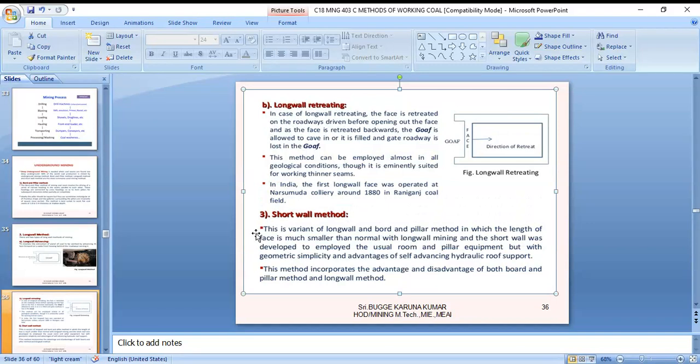In the case of longwall retreating, the roadways are driven before opening out the face, and the face is retreated backward, and the goaf is allowed to cave or is filled. The gate roads are lost in the goaf. This method can be employed in almost all geological conditions.